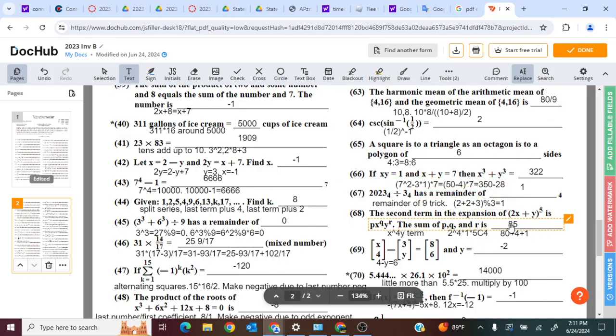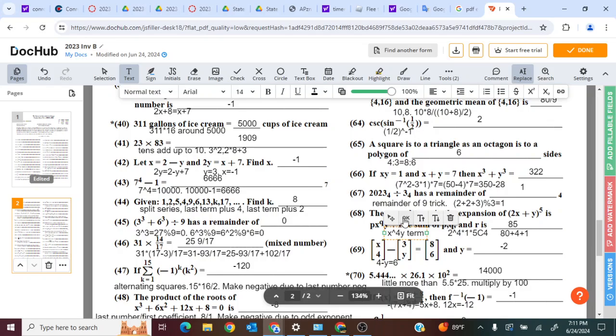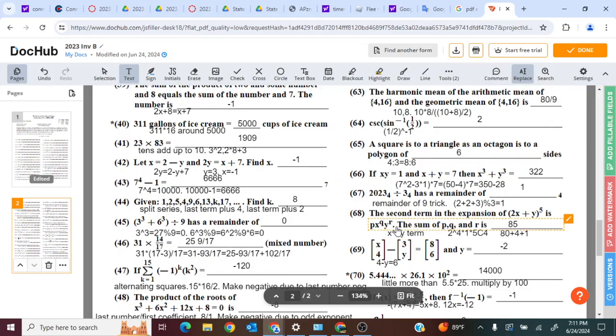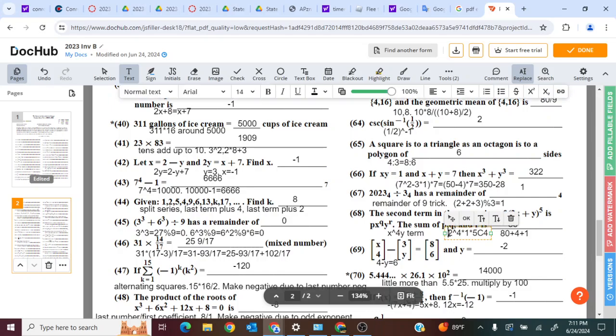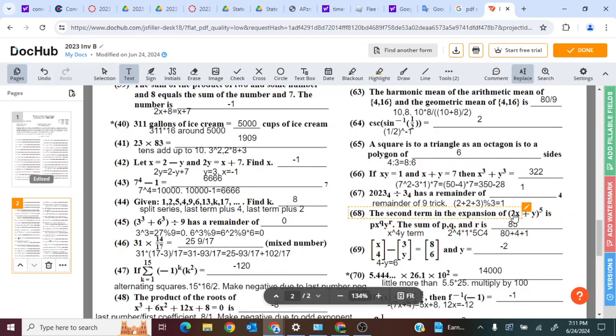The second term of this expansion is that, the sum of p, q, and r. The second term is going to be your x to the 4 y term, because your first term is x to the power of 5. Second term is x to the power of 4 times y. So you simply do 2 to the power of 4 from this 2 here, multiplying by 1 to the power of 1, this one imaginary coefficient there.